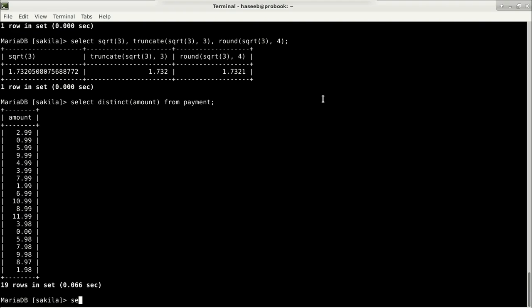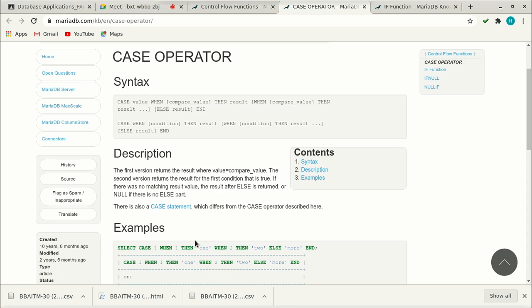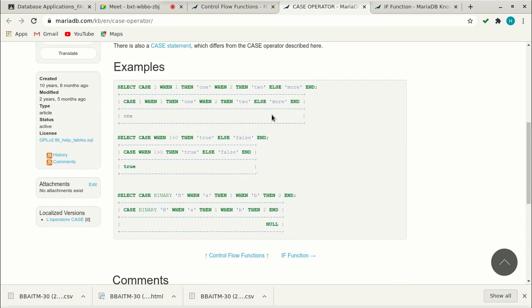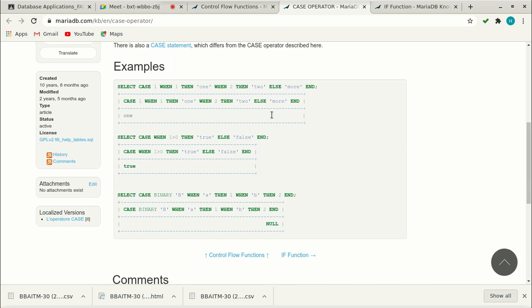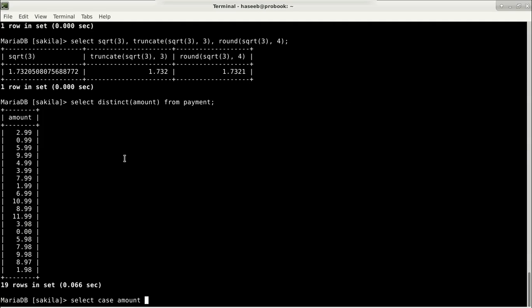So we write select case amount. Right now I am using the first syntax of case, in which you give a value here. In the second syntax you don't give a value here and you give a condition here. Okay.